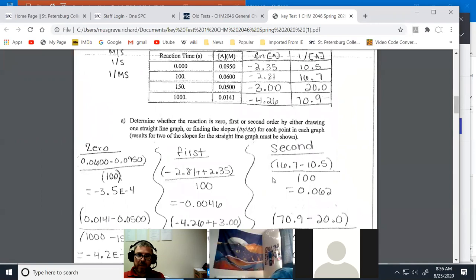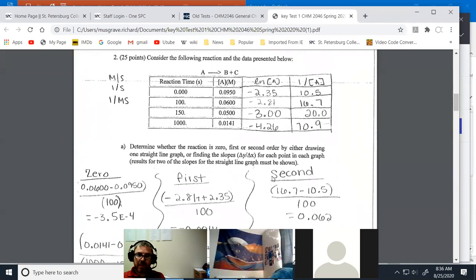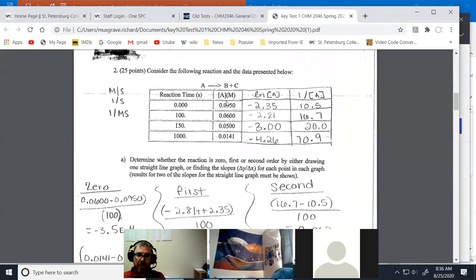So just to give you a little bit of context as to what half-life means, if we start with 0.0950, the time for the half-life would be the time to get to half of that. Now, half of that would be pretty close to 0.05. So it'd be a little bit less than 0.05.